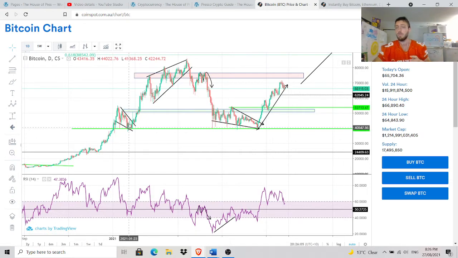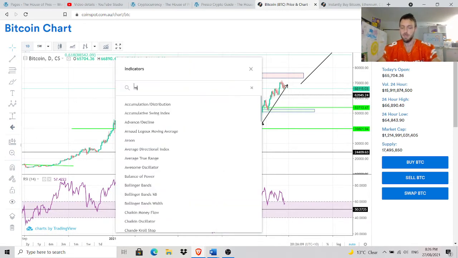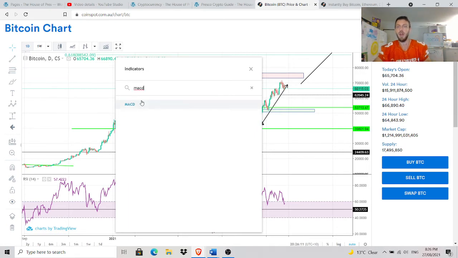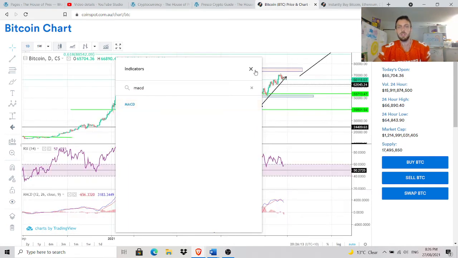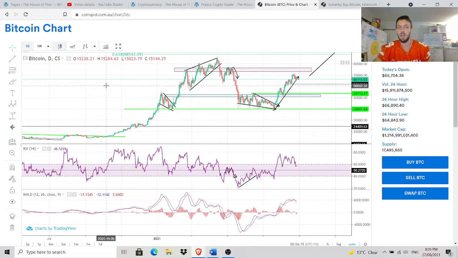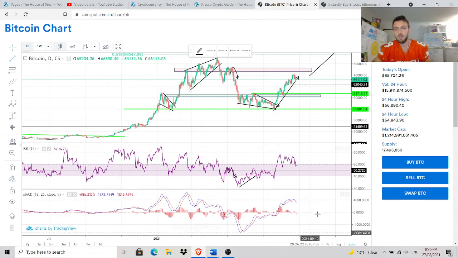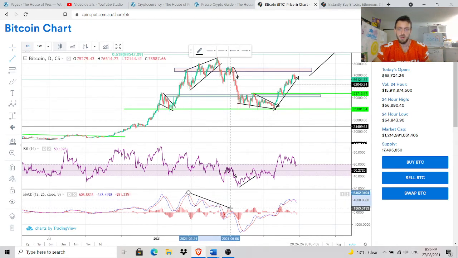And what confirms that for me is the MACD, moving average convergence divergence. As you can see, it's very similar to the RSI. We see us losing momentum. We break down into negative territory below the zero there.